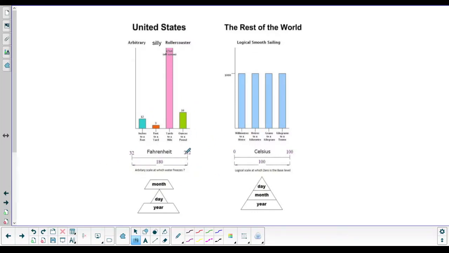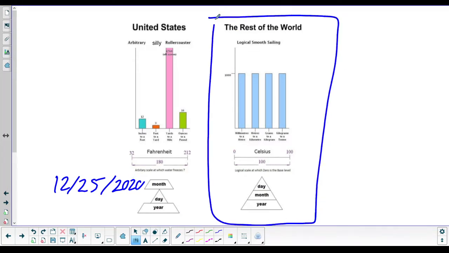Same thing with Fahrenheit. Why does water freeze at 32 and then boil at 212? And this is 180 units apart? And why do we write dates as month, day, year? It's not like smallest, biggest, like smallest, medium, biggest, right? That doesn't make sense. Here's how everyone else in the world does stuff. There's 1,000 millimeters in a meter.